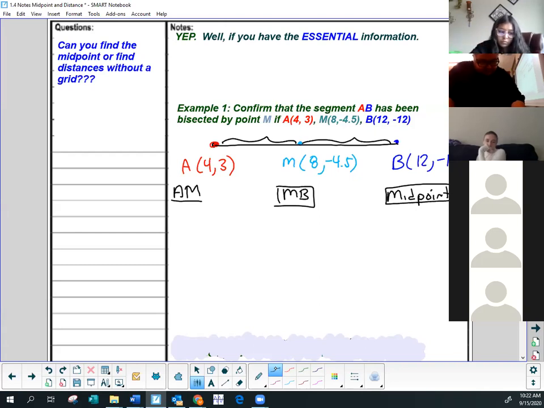And then everybody else calculate the midpoint. So A through D, calculate the first distance. E through L, calculate the second distance. And everybody else calculate the midpoint. And then we can compare answers. Once you have your answer, can you throw it in the chat so people can double check their work too?